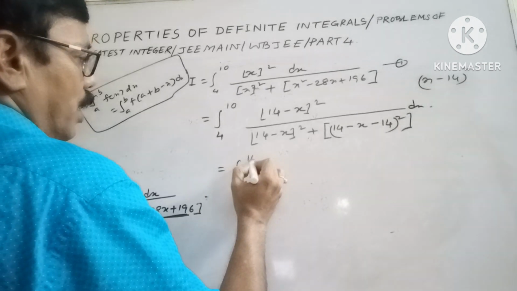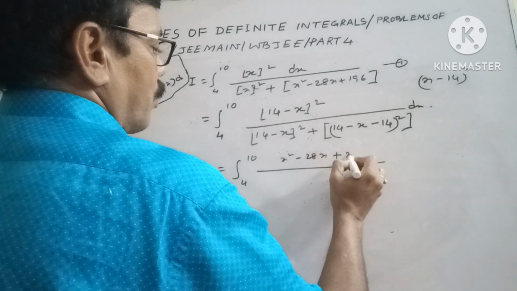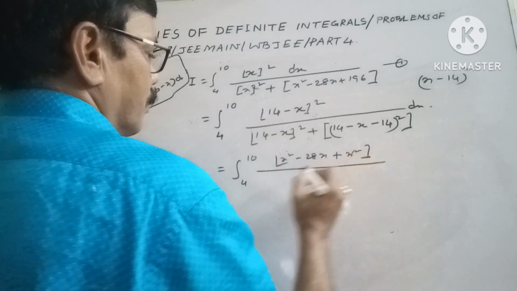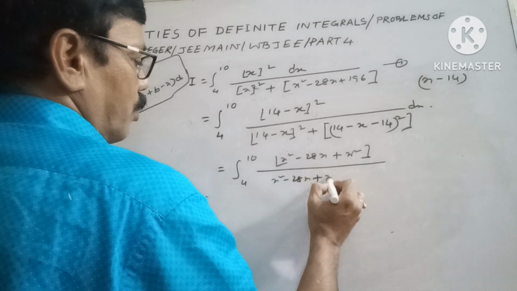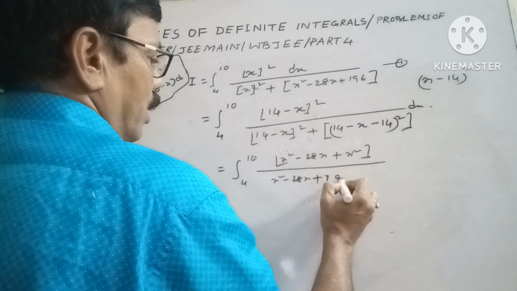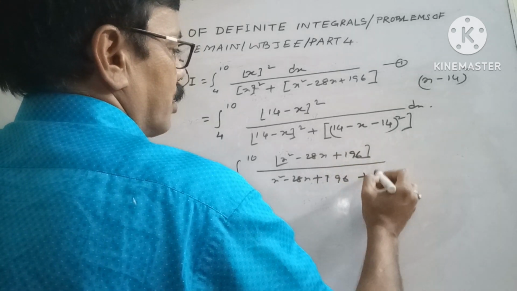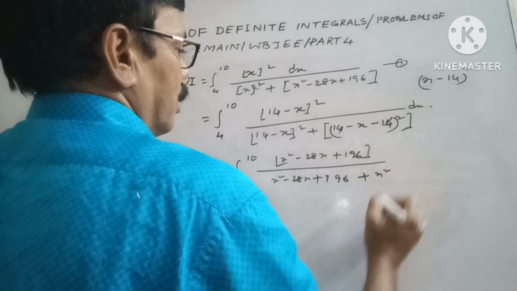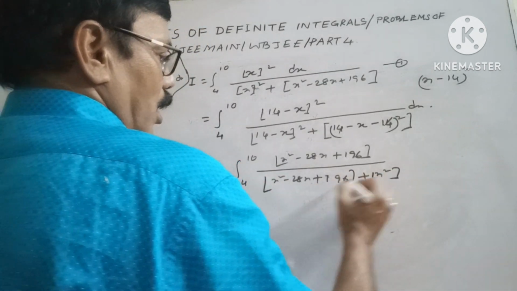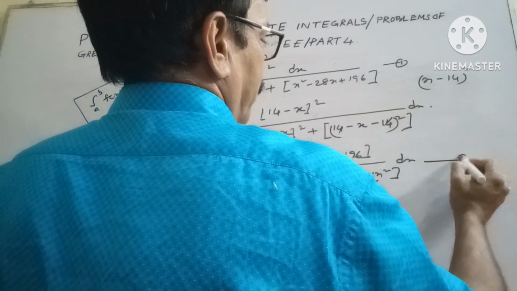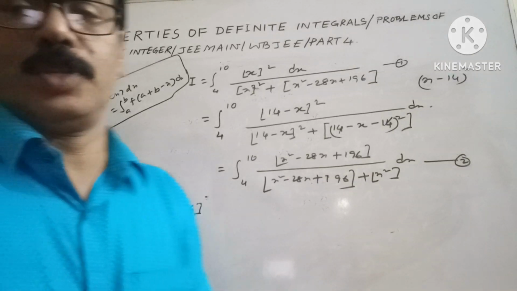So this is 4 to 10, x square minus 28x plus 196, and the 14 cancels, x square. Now look at the denominators of 2 and 1, they are same.